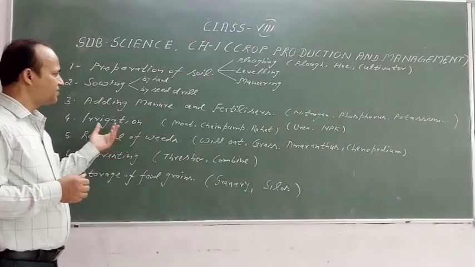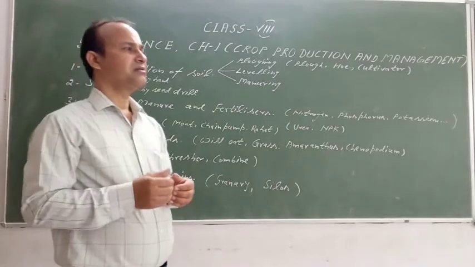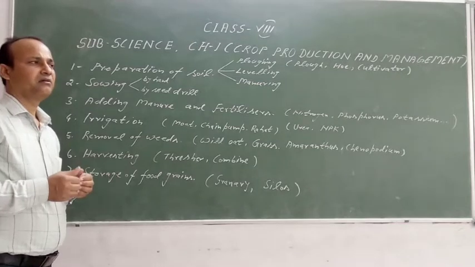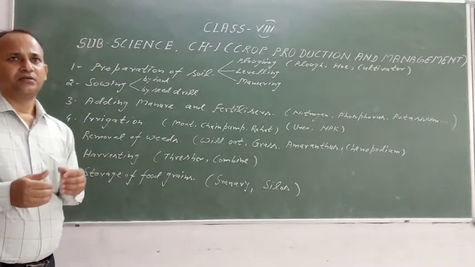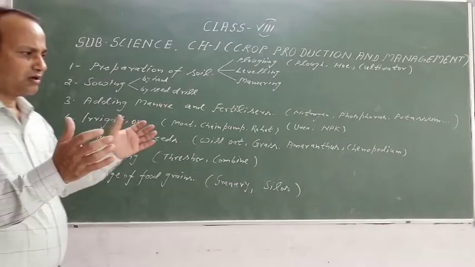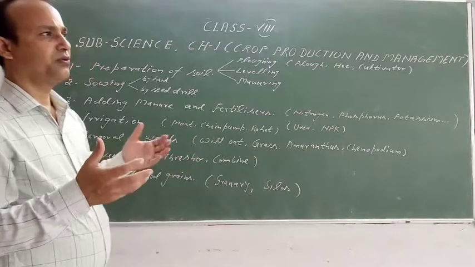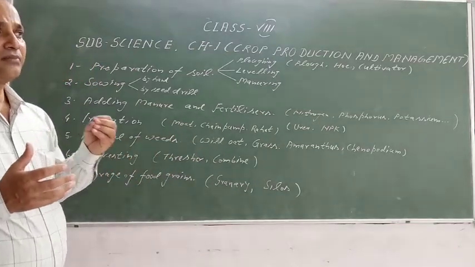In manure, we generally use cow dung and compost pit, where garbage of our homes is thrown in a pit. After decomposing, it becomes good manure.